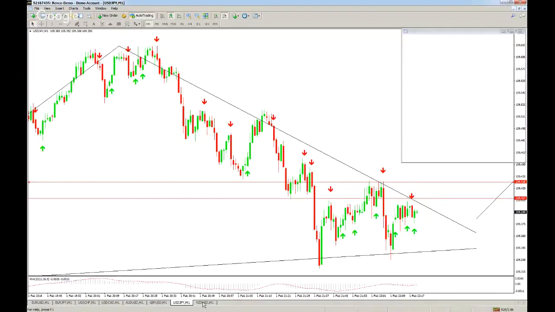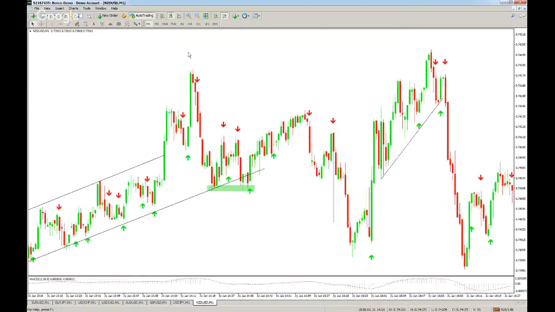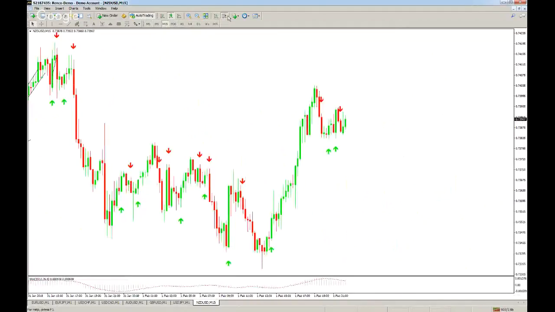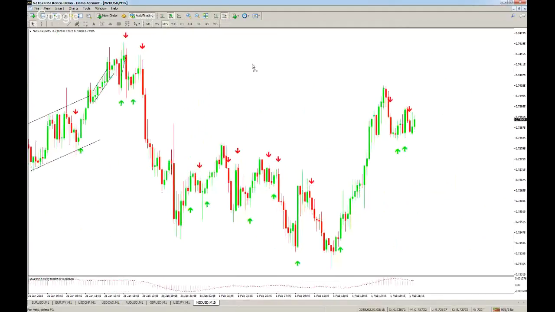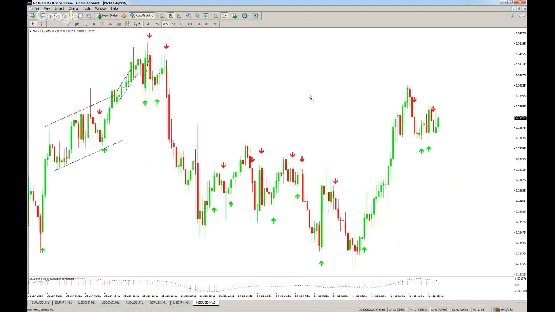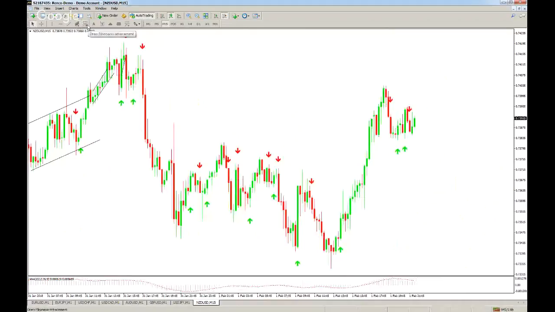All right, let's move on to the last currency pair, New Zealand USD. Let's look at the 15-minute time frame, and on the 15 as well, pretty much we had been bullish largely most part of the day, the New London session, as well as New York.